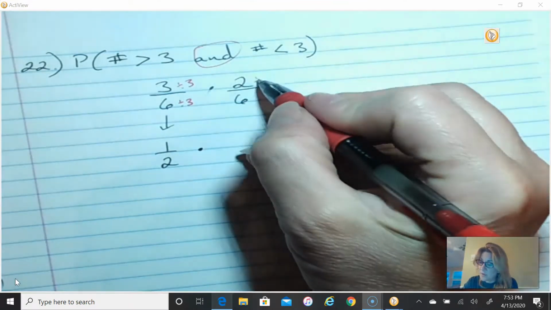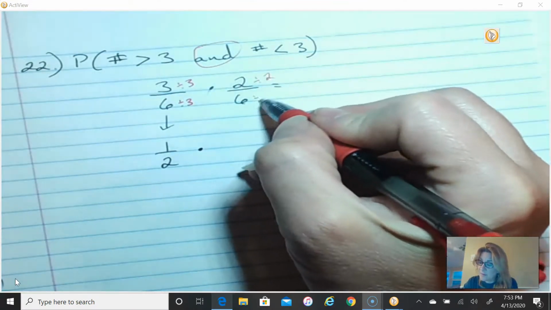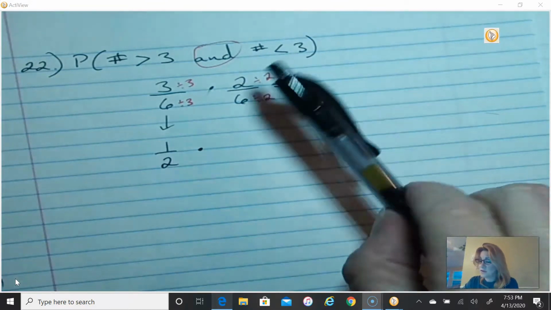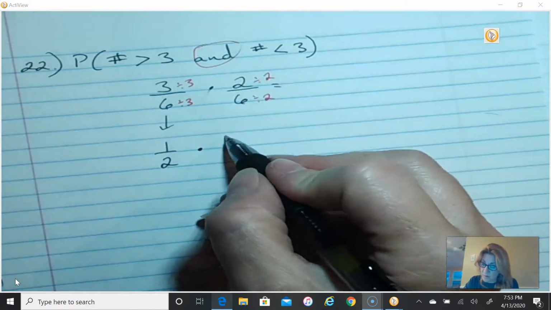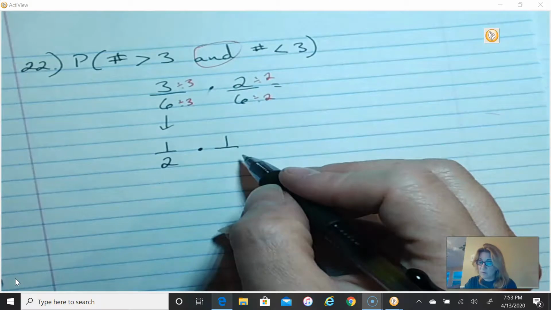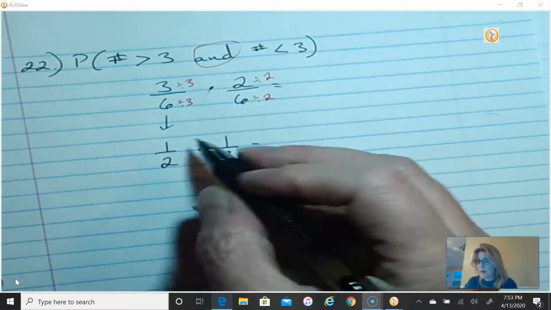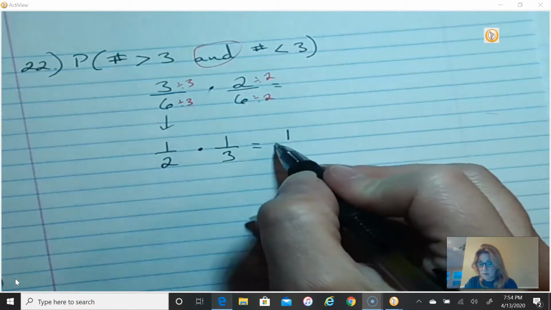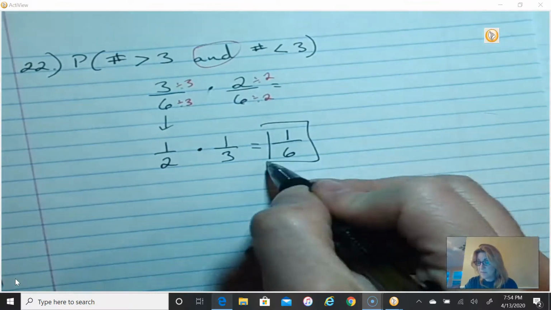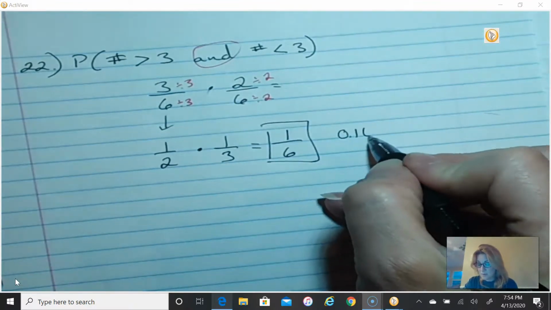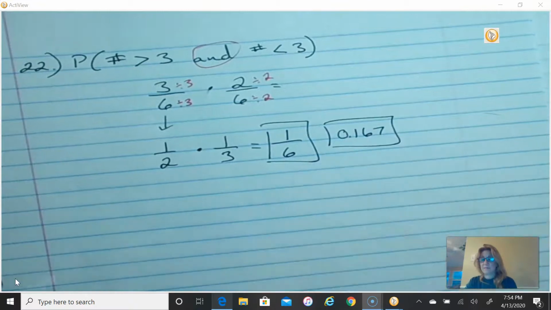We can reduce this. 2 divided by 2 is 1. 6 divided by 2 is 3. Now multiply across. You get 1 over 6. And the decimal is this.